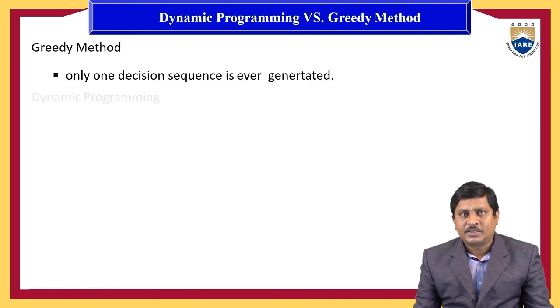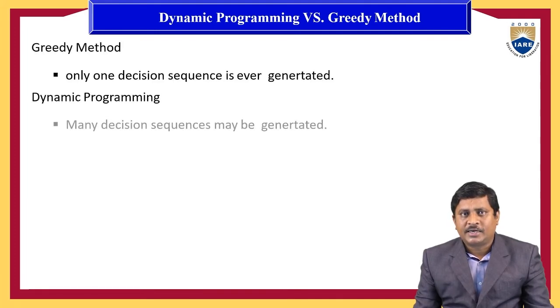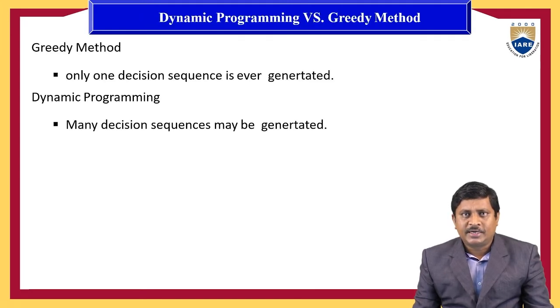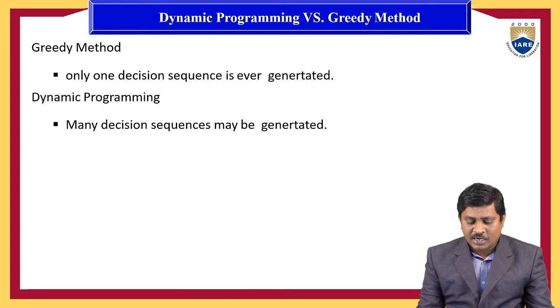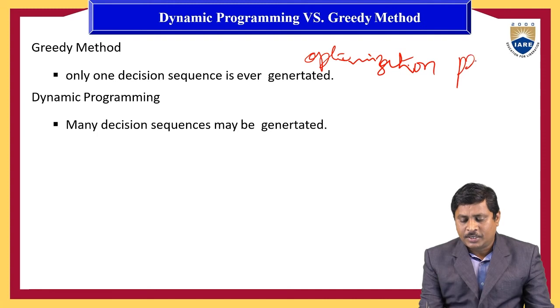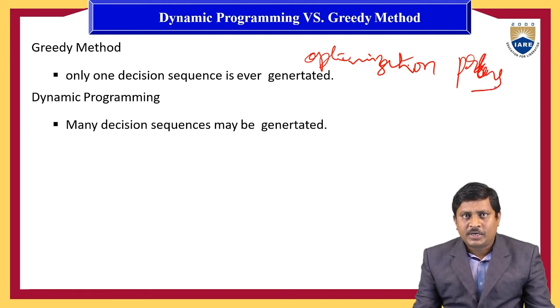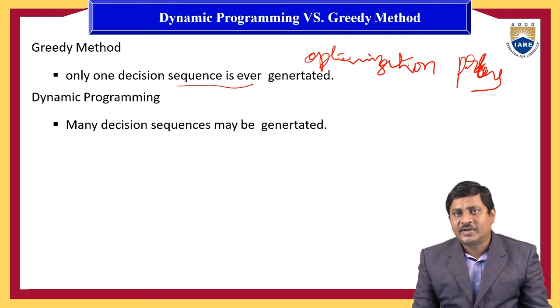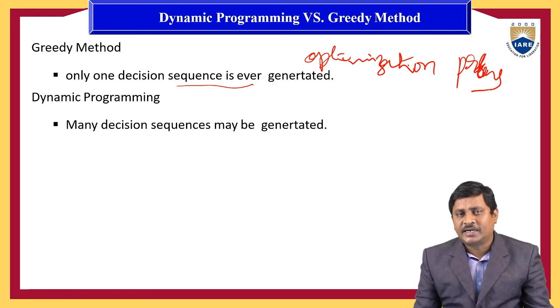Now, what is the difference between the greedy method and dynamic programming? The greedy method is also used to solve optimization problems, but in the greedy method only one decision sequence is ever generated.